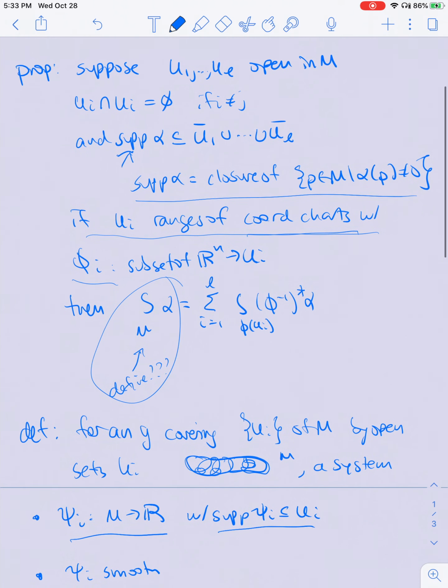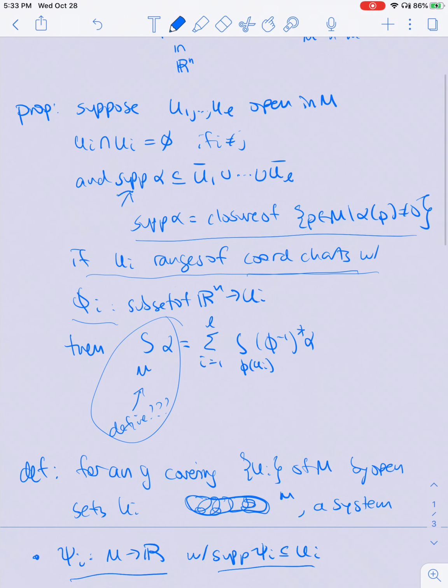And the only issue is if maybe alpha is supported in the closure of this union, but not actually in the union of the UIs themselves. But this set is so small, it's a lower dimension than M is. So the integral of alpha over that set does not matter.